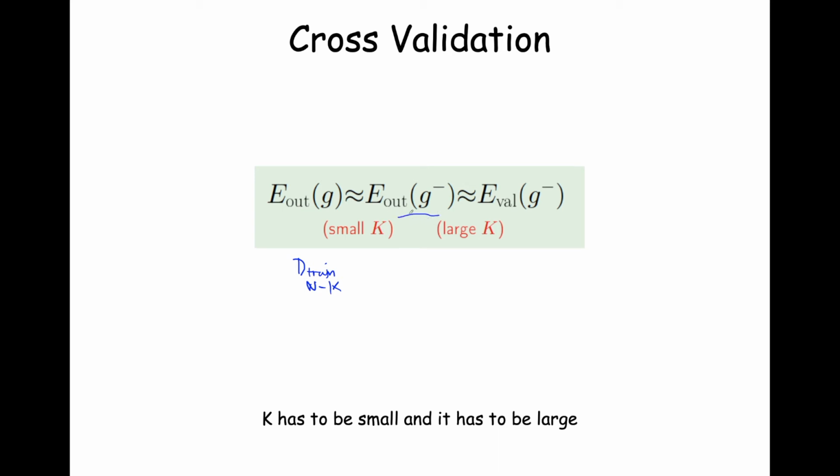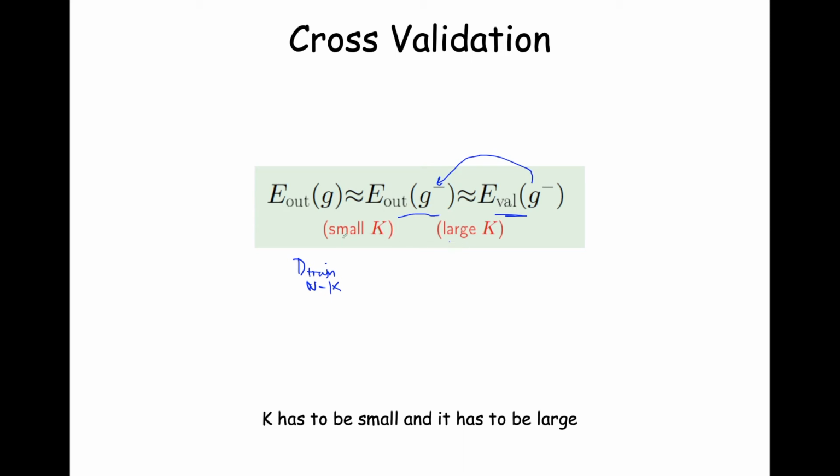So E val is close to E out on the limited final best hypothesis if you have large k, because it's a very good estimate of the out-of-sample performance for this g minus.